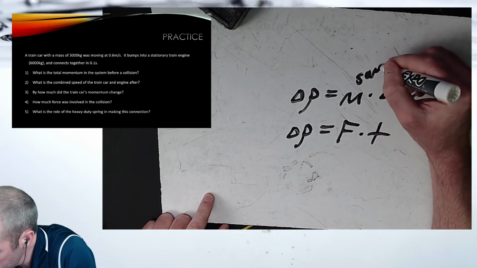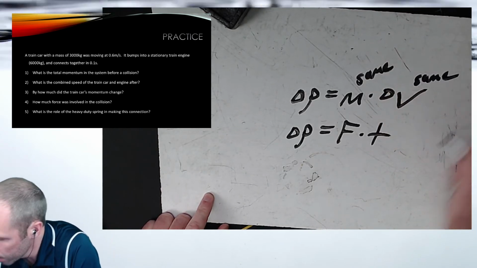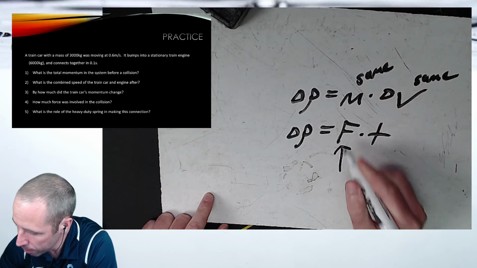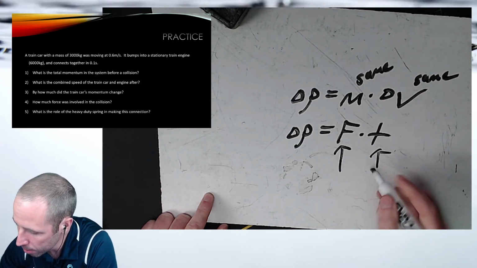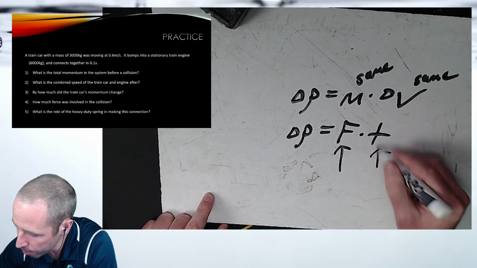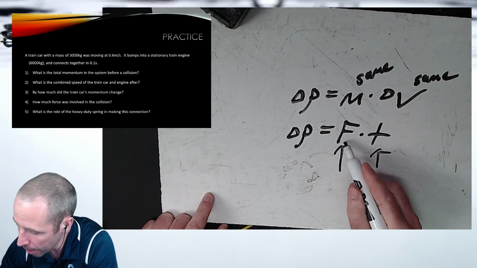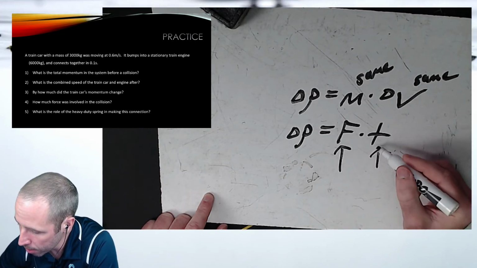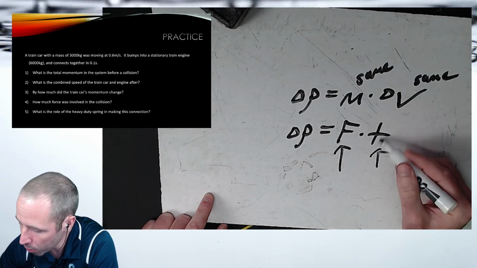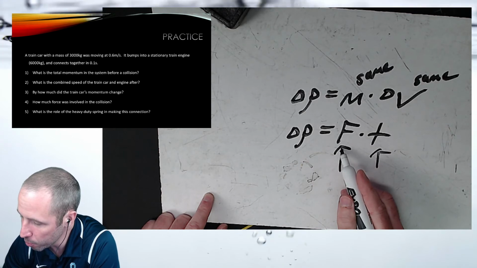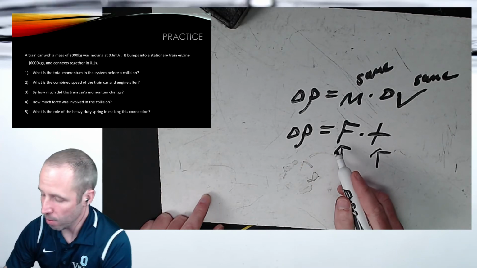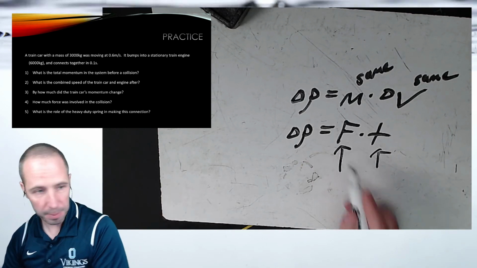This was the same, this was the same, and if this is lower, then this must be higher, and vice versa. The cushion makes the time of impact longer, and therefore allows a decreased force. Hitting the wall directly would be over a very short time period, splat, done, all at once, which means that the force would be a lot higher. That's why it's better to run into cushions than not.